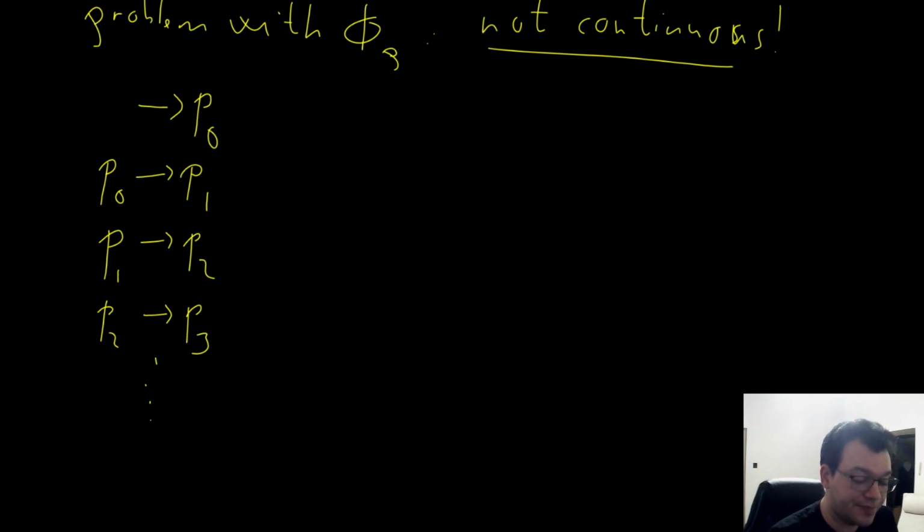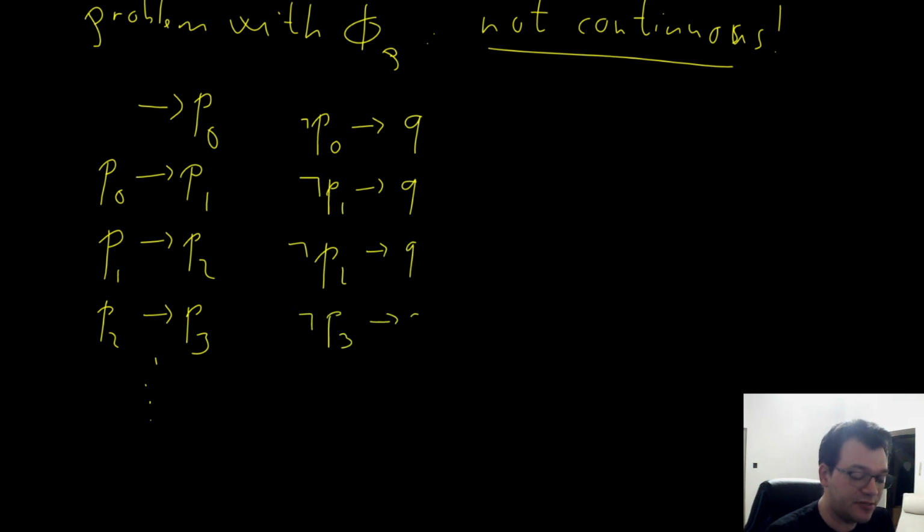So this is basically an induction. And then you can introduce not p0 implies q, not p1 implies q, the same q, no index, not p2 implies the very same q, not p3 implies the very same q, and so on.